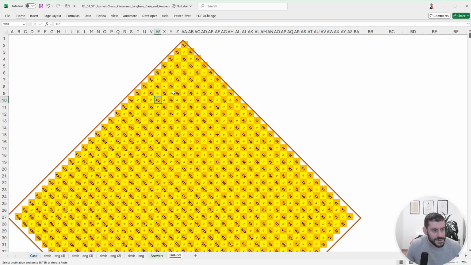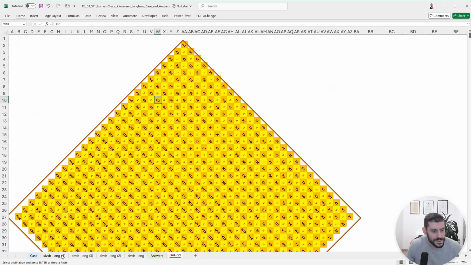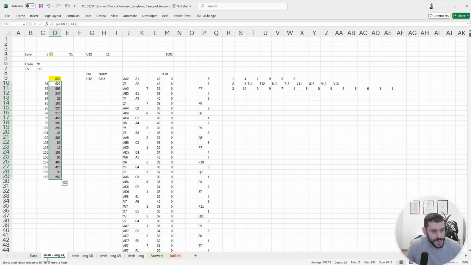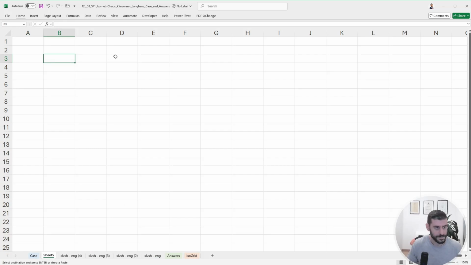An isoref is A1, Z26, so A to Z. This is char sequence 26 code of A.